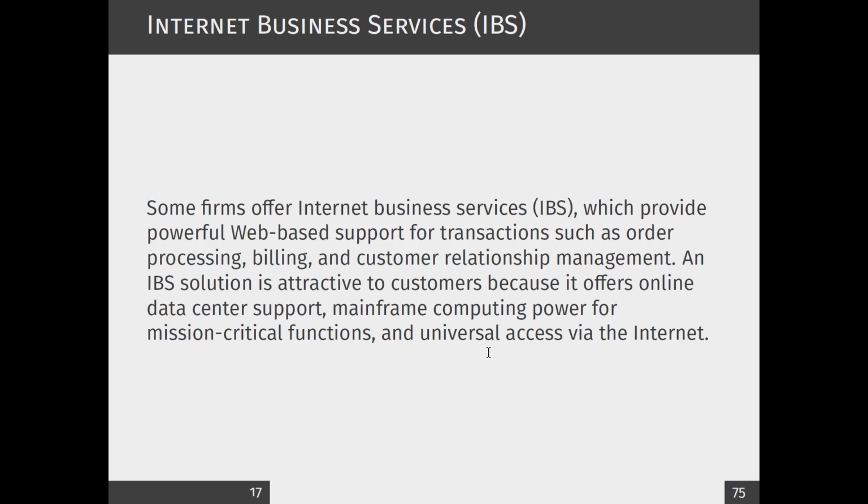Some firms offer internet business services which provide powerful web support for transactions such as order processing, billing, and customer relationship management. This solution is attractive because they offer online data center support, mainframe computer power, mission critical functions, and universal access via the internet.